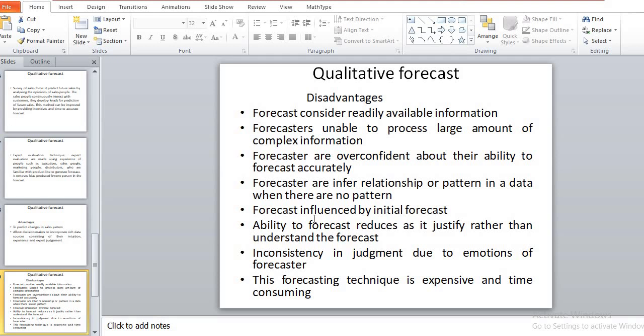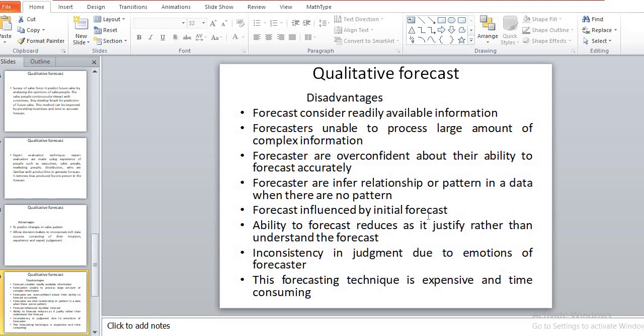Again, forecasters may infer relationships or patterns in data when there is no pattern, so they may be wrong. That forecaster's opinion may be wrong, or may give a different pattern about the forecasting of that particular product.